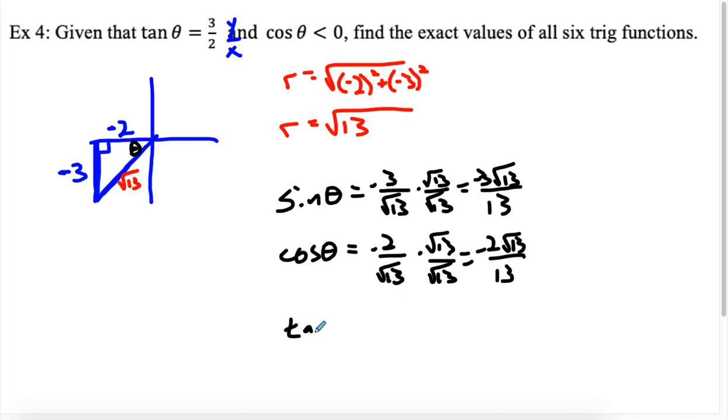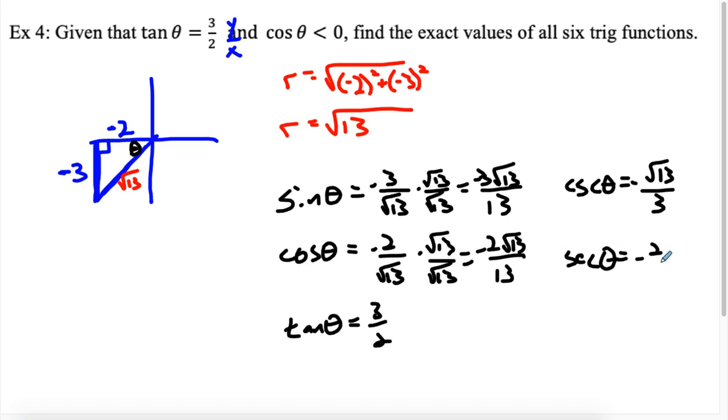And finally, tangent, we know already, is opposite over adjacent, so -3 over -2 would just end up being +3 over 2. And then the other 3 are the reciprocals. So here we'll have -square root of 13 over 3. Here we will have -square root of 13 over 2.